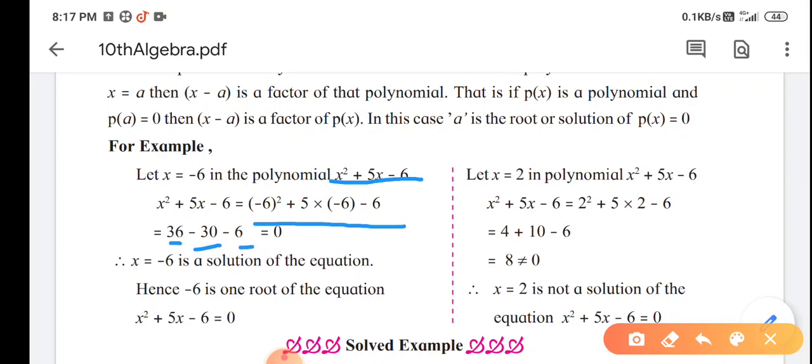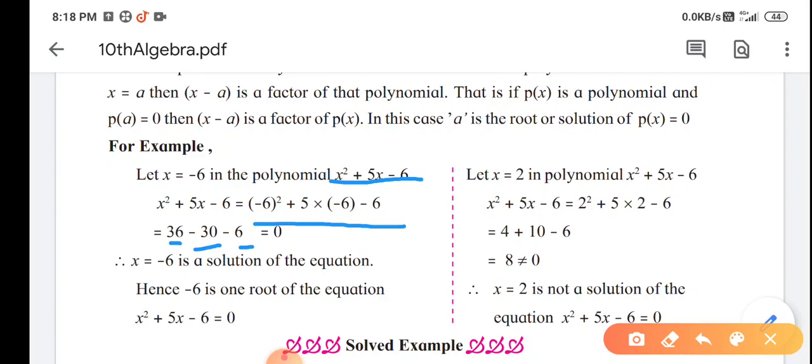So 36 minus 30 minus 6 is equal to 0. That means both the sides are 0, because 36 minus 36 is 0. Both the sides are equal, so the equation is getting satisfied.